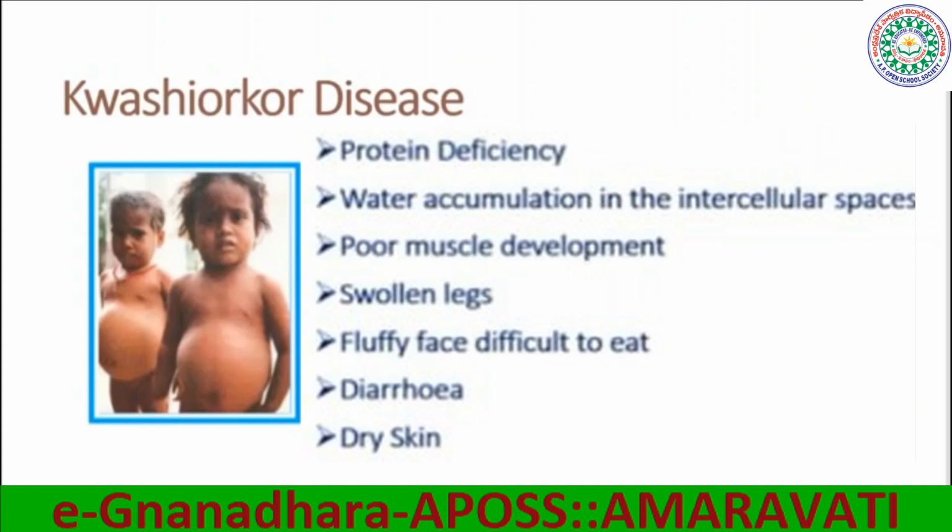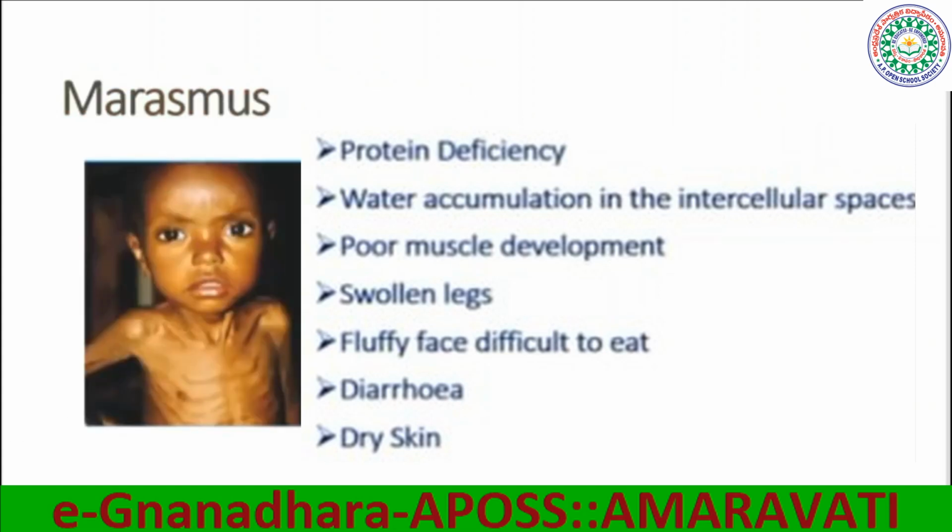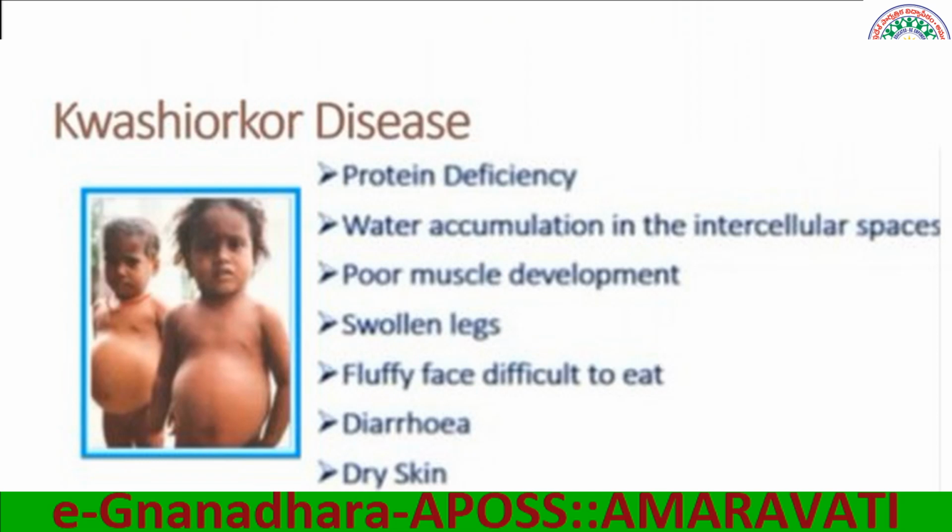So what we have to do here, for the children suffering with kwashiorkor disease, we have to give protein rich food to the children. Then children will cure or get out of that disease.